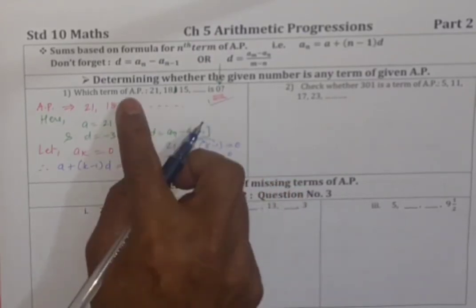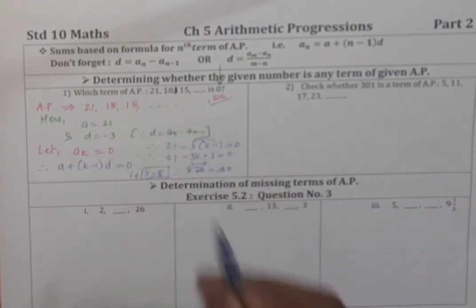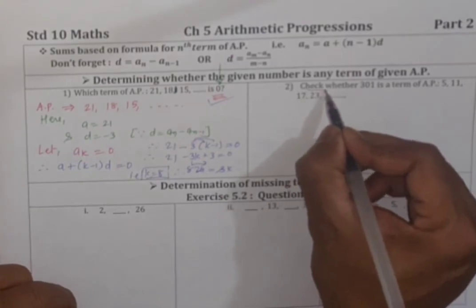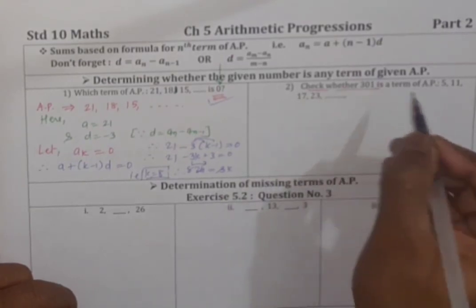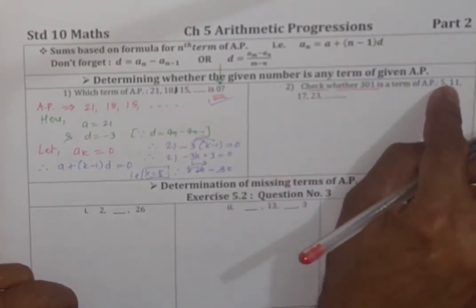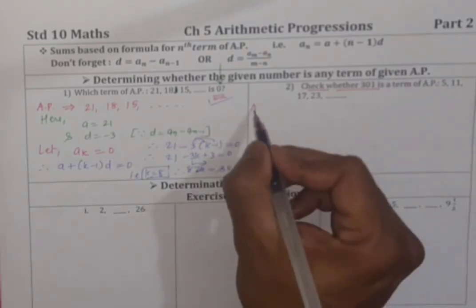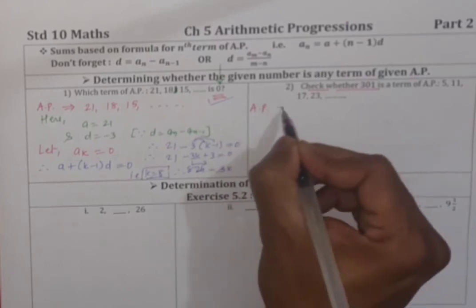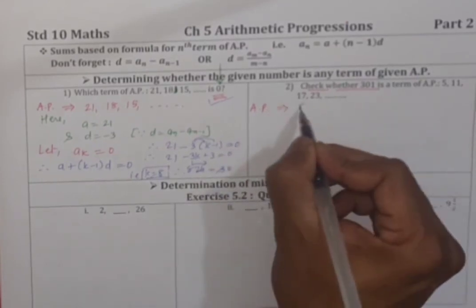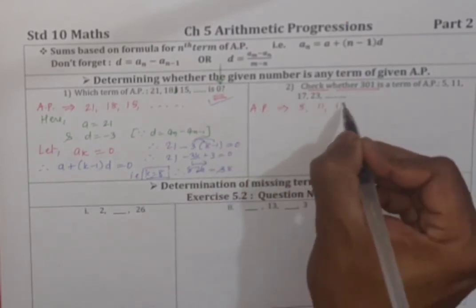Alright. Here it was asked which term is 0, so we get it. Now here it is slightly different. Check whether 301 is a term of this AP or not. How will you check? Let's see. First, AP is given, so you just write down the AP. What is the first term of AP? 5. Second term 11. Third term 17.